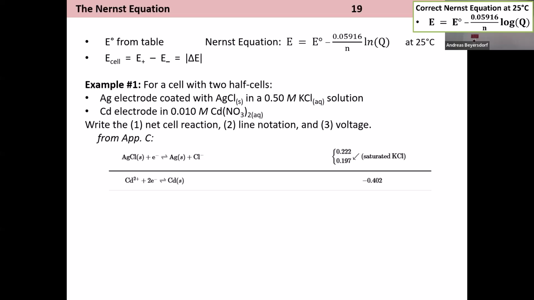Okay, so what is our Q in this case? Our Q for this equation is just cadmium 2 plus, right? Not squared. And notice we don't have cadmium because cadmium is a solid. So that's just going to be 0.01.